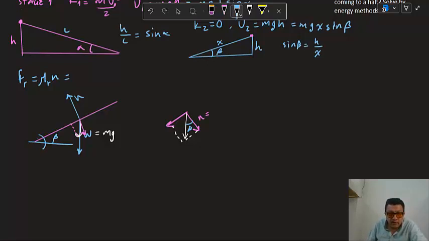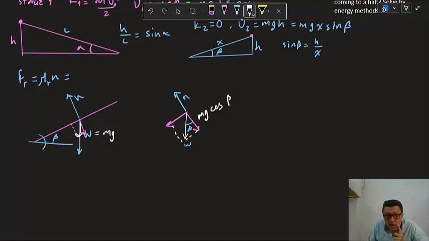Now this is the real normal because it's the component we need for the formula. The adjacent side is W, and we can calculate this opposite side as mg cosine of beta angle.